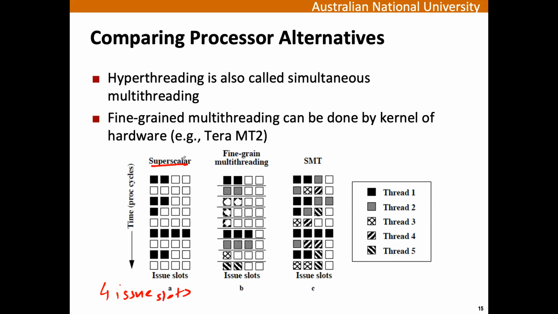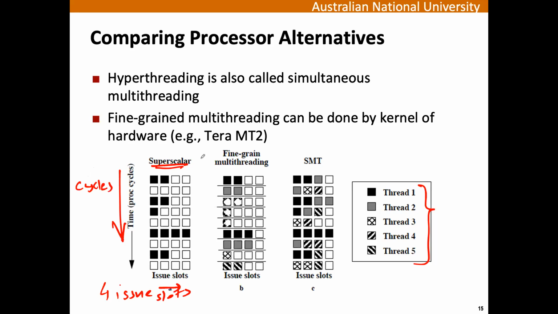And this is your classical superscalar out-of-order processor. It can only execute 1 thread. So here we have 5 threads, but the superscalar processor is only executing 1 thread at a time. On this axis are cycles or time, and on this axis are the issue slots.